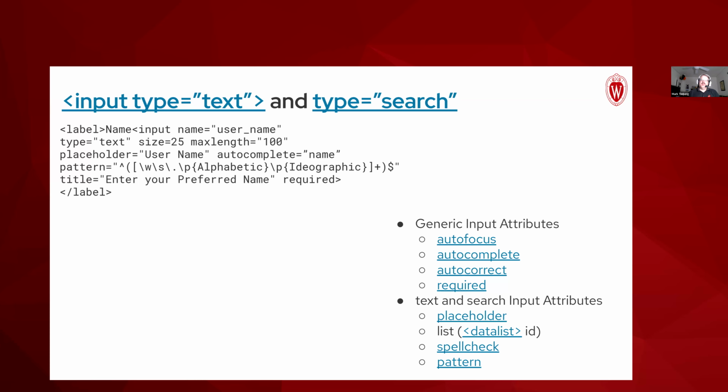Yeah, we talked about placeholder a little bit. Later on, we're going to talk about data lists, but text input fields are the main thing that you attach to a data list, which provides a list of options for type-ahead search. In addition, on text fields, you can also hint that the spell checker in the browser should or should not be active.